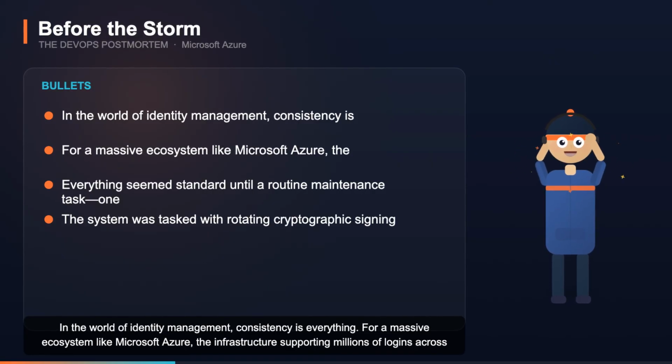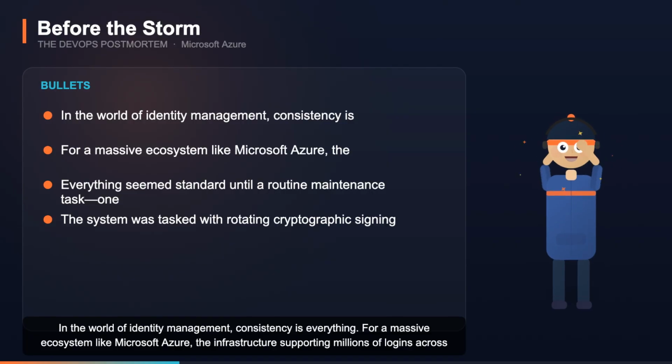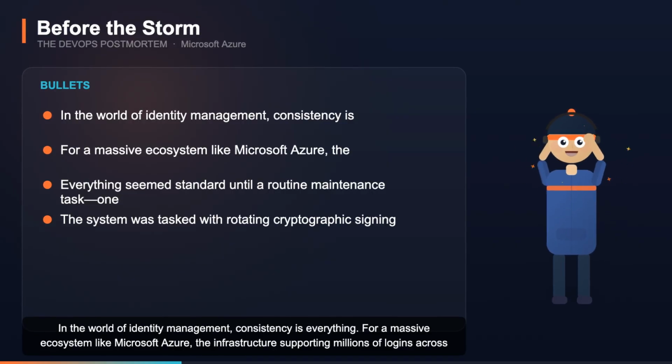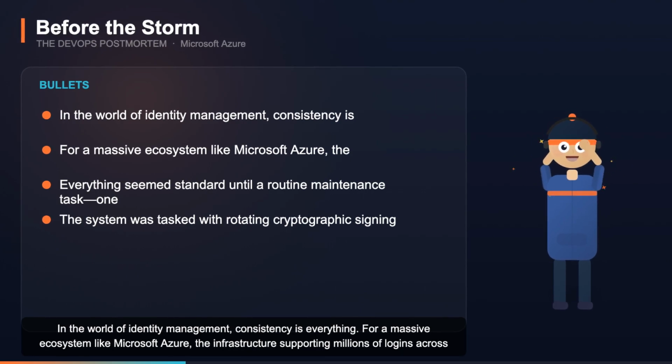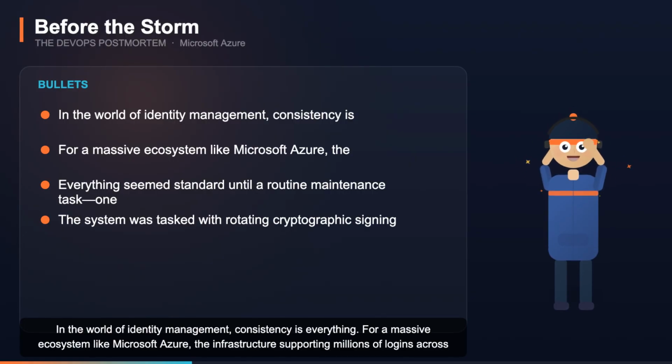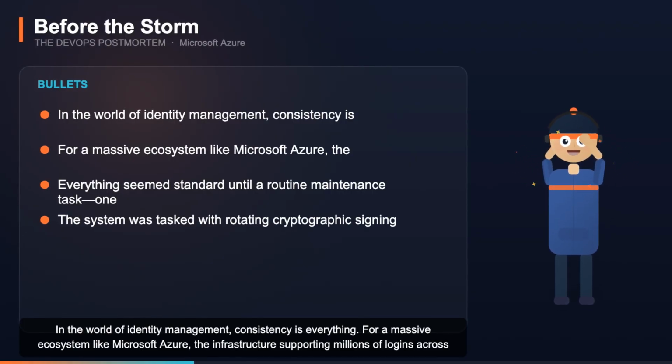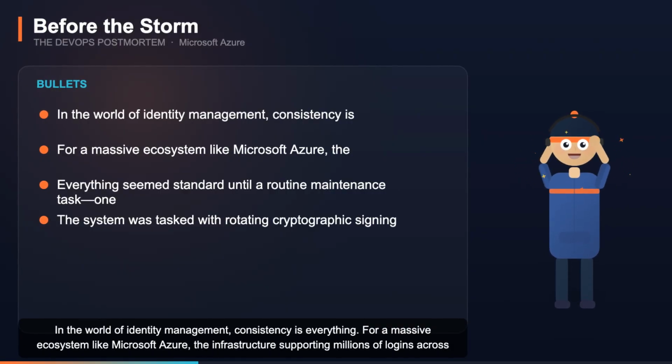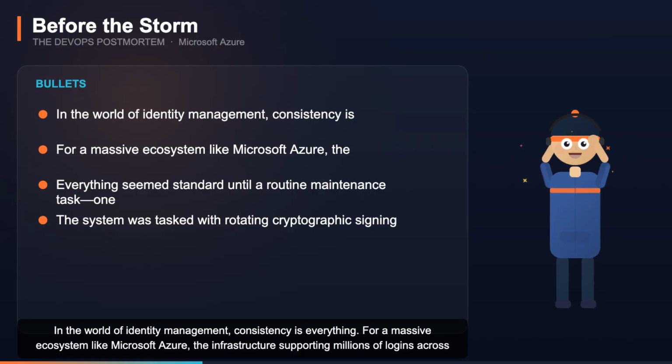It was supposed to be a seamless transition, but the automated process failed to recognize a specific key marked to stay put during a complex cross-cloud migration. It didn't just miss a step, it deleted a vital piece of the puzzle. At 19:00 UTC on March 15, 2021, that single oversight turned into a ticking time bomb for global authentication. The gears stopped turning, and suddenly, the digital keys to the kingdom wouldn't turn in the locks.